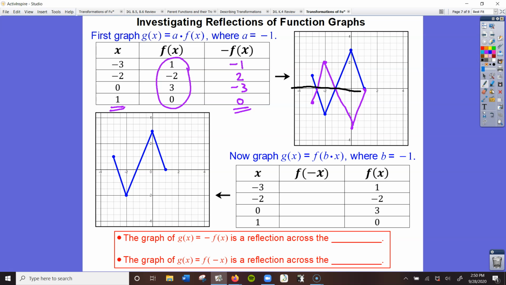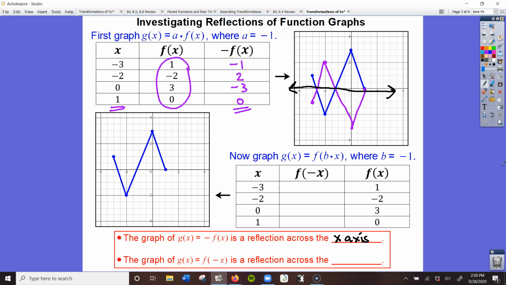Because it is outside with the y value, so it's going to be some kind of vertical transformation. It is a vertical reflection, but the line of reflection, meaning where it's flipping over, is the x-axis. So the graph of g of x, which is equal to negative f of x, is a reflection across the x-axis.